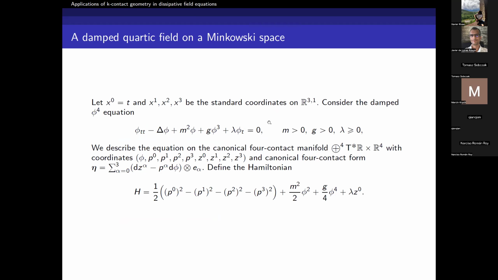We have the equation which looks like this. For now we are using the canonical k-contact manifold with the canonical coordinates and canonical k-contact form. We can find the Hamiltonian that looks like this, and it works.